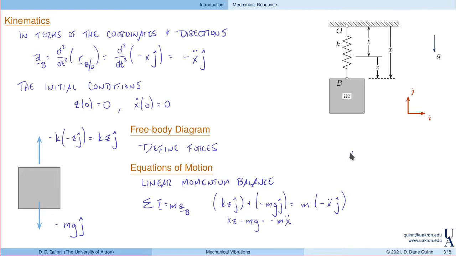Remember that x is equal to L plus z, so that z is equal to x minus L. So using my constraint equation, I can write this as m x double dot plus k times (x minus L) equals mg. And this becomes the equation of motion for this system.